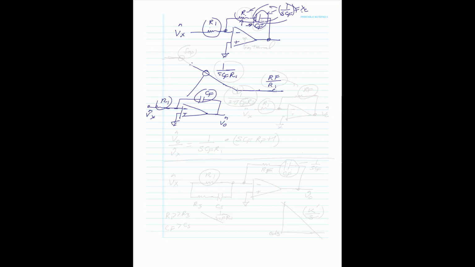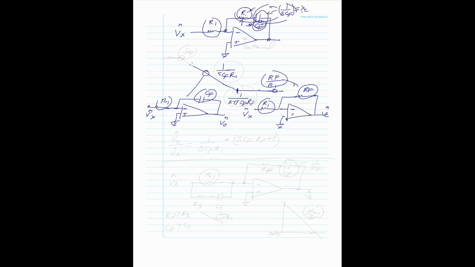This circuit at high frequency looks like a circuit like this, where CF is shorted, and it becomes RF and R1. So you could see the gain is this over this, which is exactly that. And the break point is again when the capacitive reactance is equal to your RF. And that break point is 1 over 2 pi CF RF.